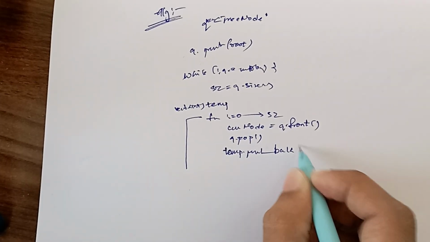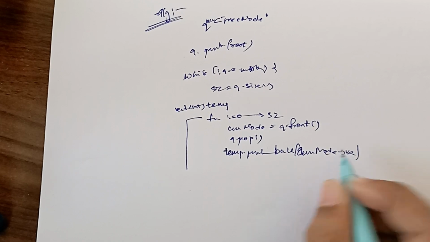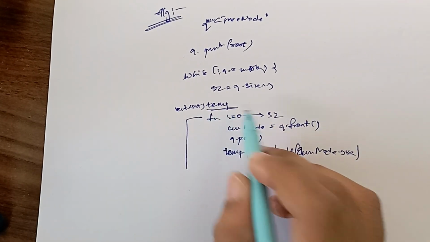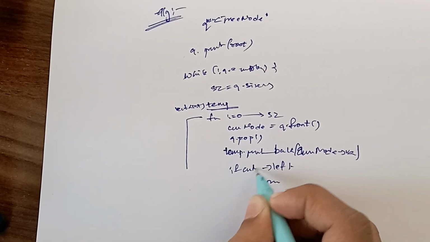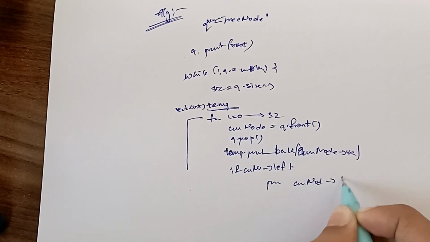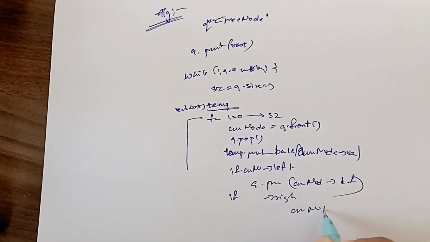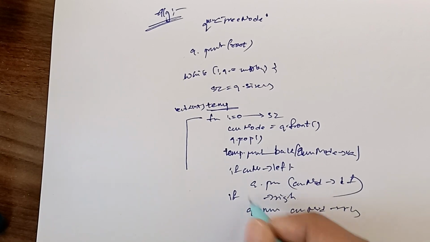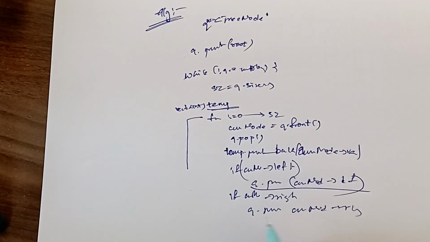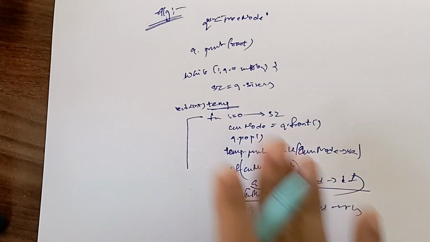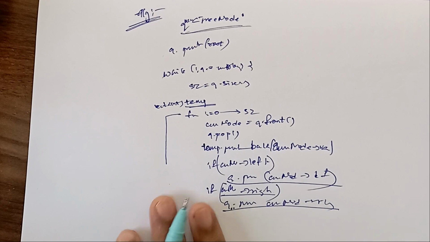Temp dot push_back current node value. We need only the values to be stored in this temp. If it has the left, push the current node's left into the queue. If it has the right, push the current node's right into the queue.